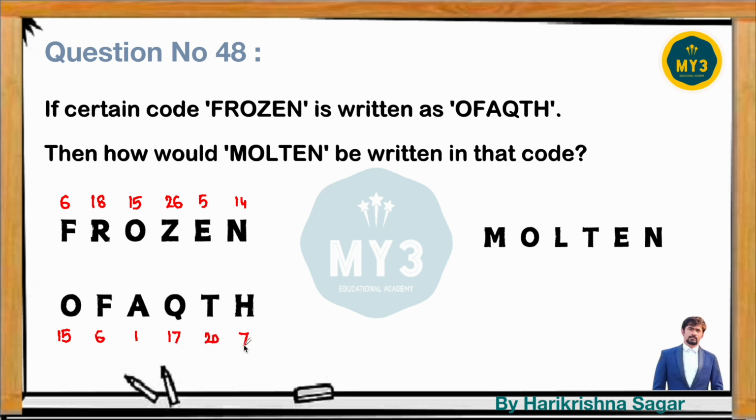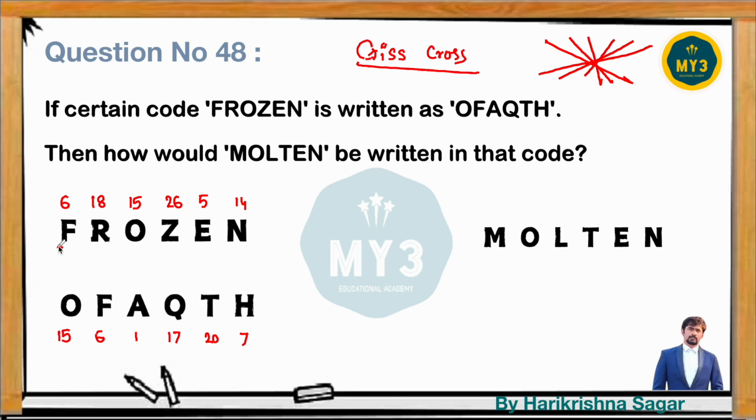Then what is happening? I am trying to observe. If sequential shifting is not working, there is one important pattern you always need to think of: the crisscross method. Crisscross means the first and last letter, the second and second-last letter, the third and third-last letter. This crisscross approach is an important thing.